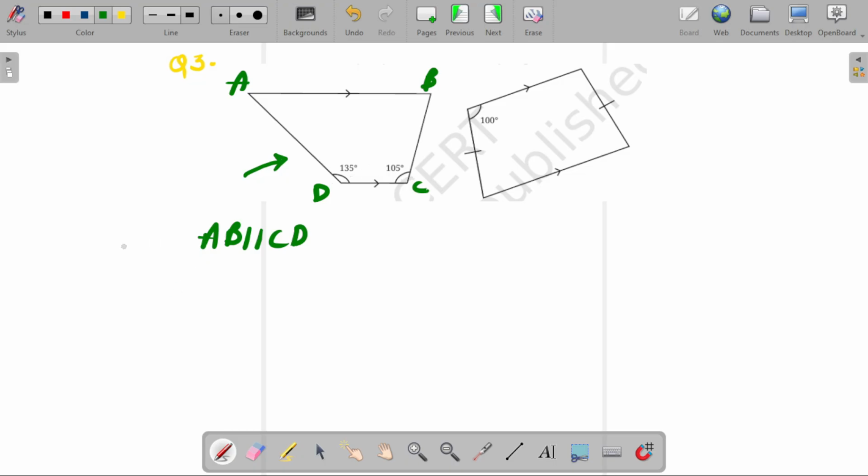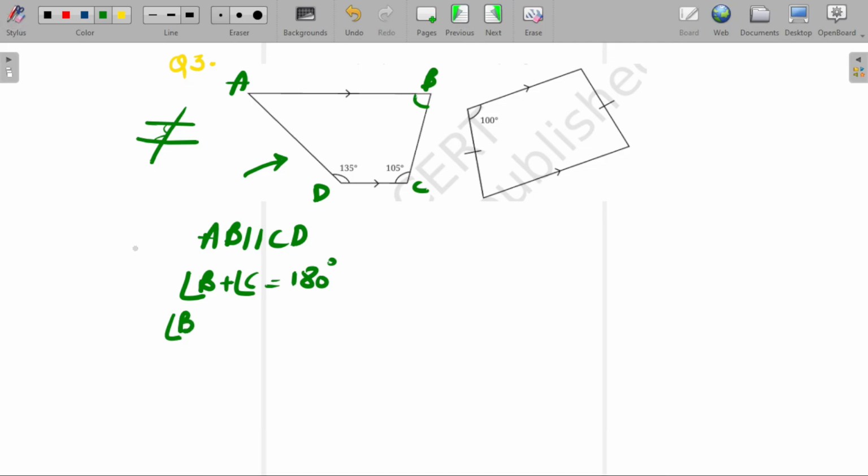As I have told you earlier, if two lines are parallel and one transversal line is cutting, the sum of the interior angles is 180. Similarly here, AB and CD are parallel and BC is a transversal line. So angle B and angle C, the summation of both the angles will be 180 degree because they are co-interior angles. Angle B is yet to find, plus 105 degree is 180.